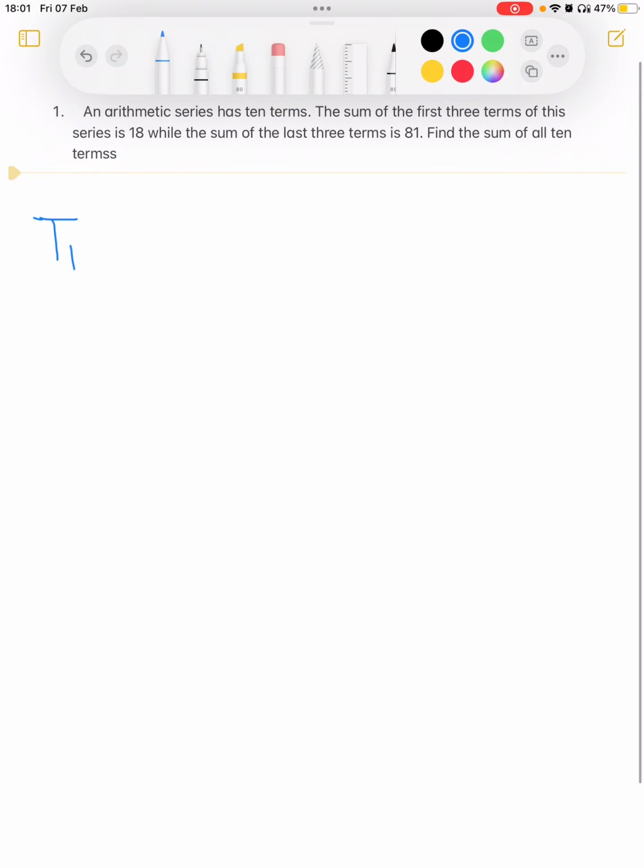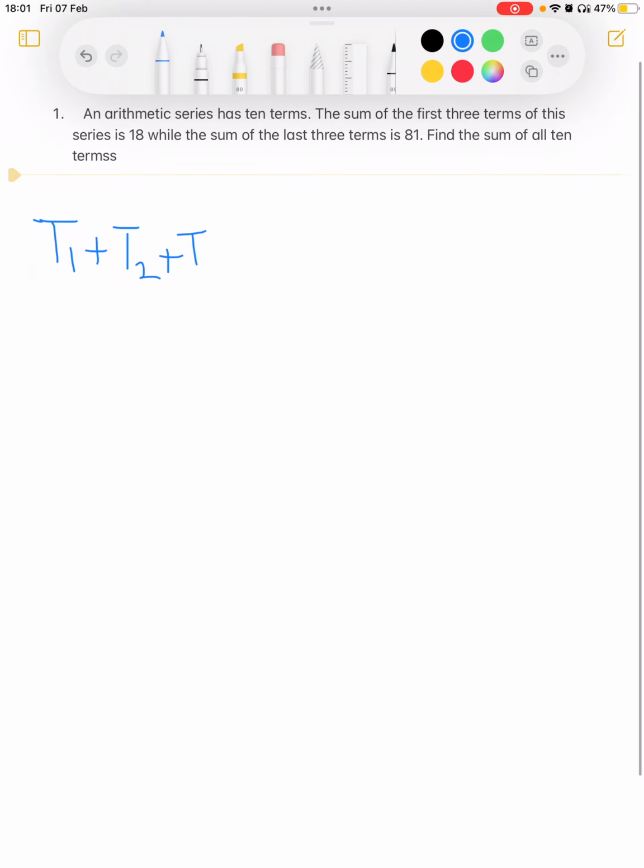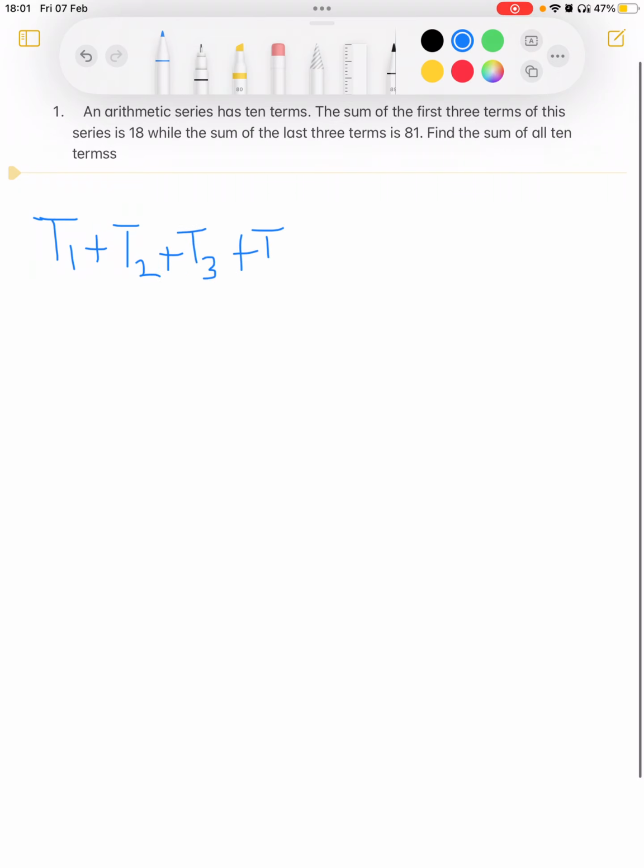You're having 10 terms. That means there's term 1, term 2, term 3, term 4, term 5, plus term 6, plus term 7, plus term 8, plus term 9, plus term 10.